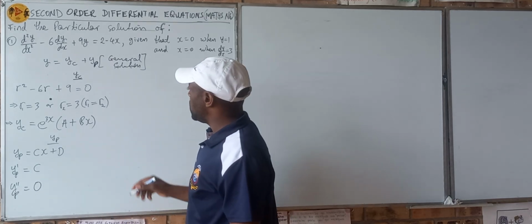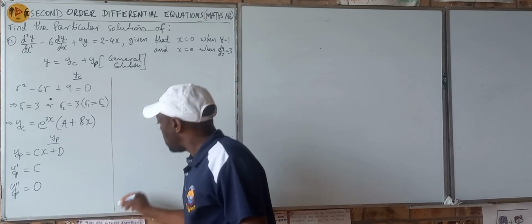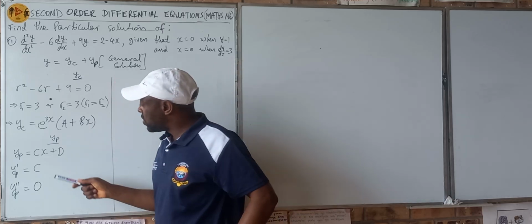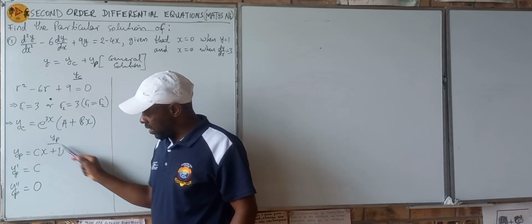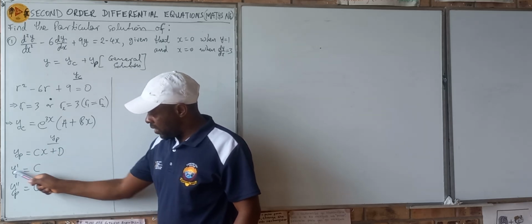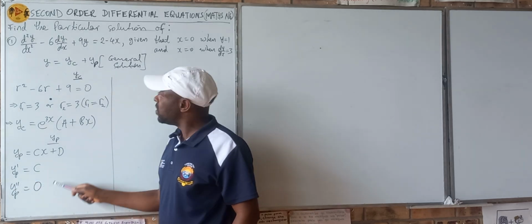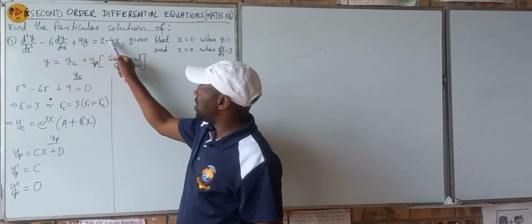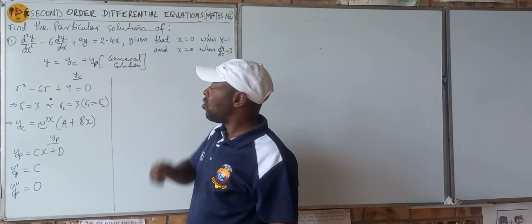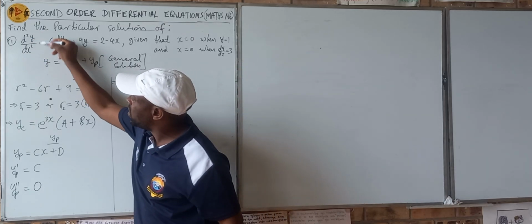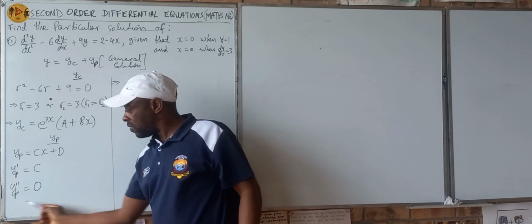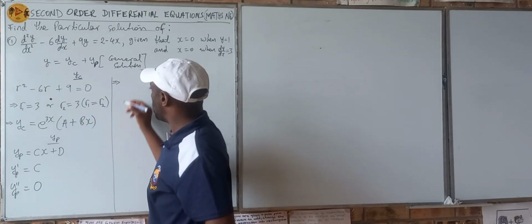From this page, the next thing I have to do is to substitute all the data under yp. When I say all the data, that means yp, its first derivative and second derivative, back into the original equation. When I go back to the original equation, where I see the second derivative, I will put the second derivative of yp, which is 0.